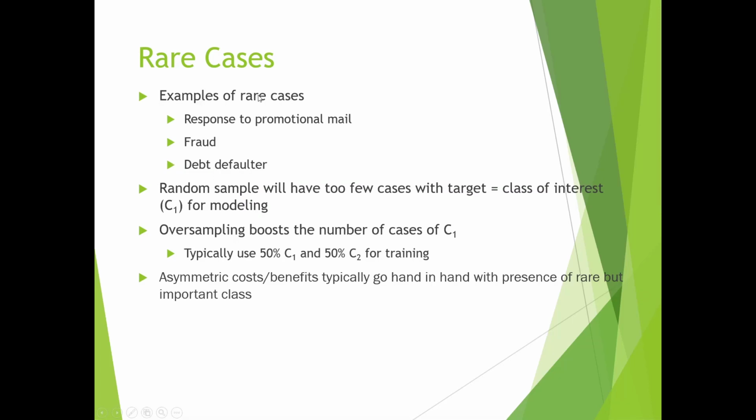So examples of rare cases. Responses to promotional mail is notoriously very, very small. Fraud cases and debt defaulters, these are all rare cases. A random sample will have too few cases of the target. So for modeling purposes, we need to boost the number of C1s.